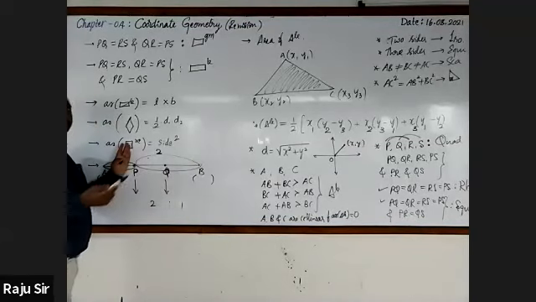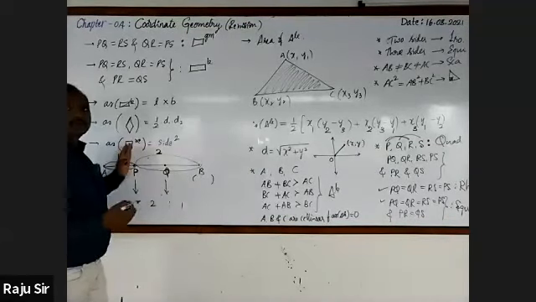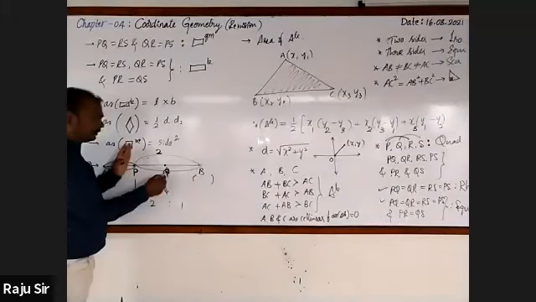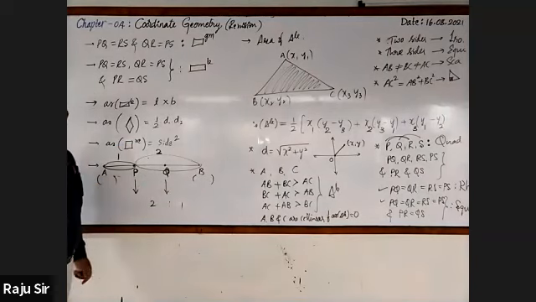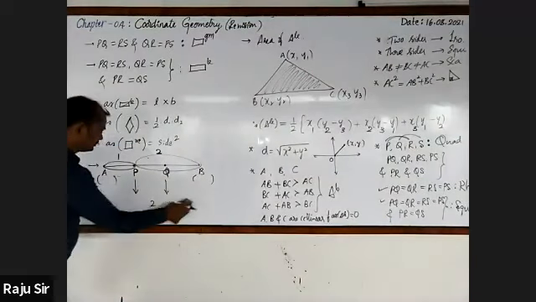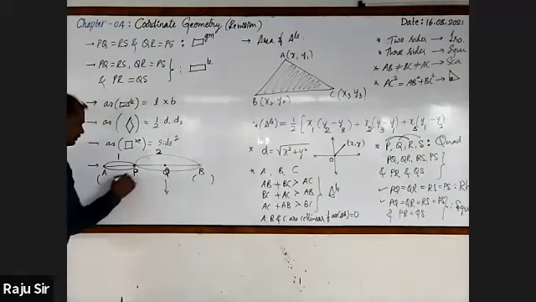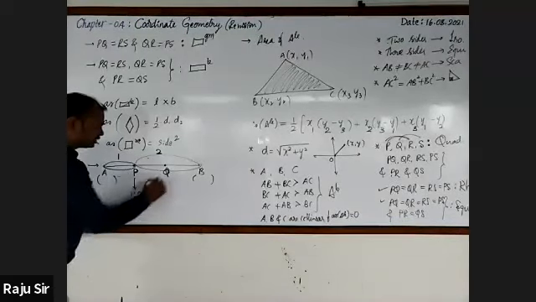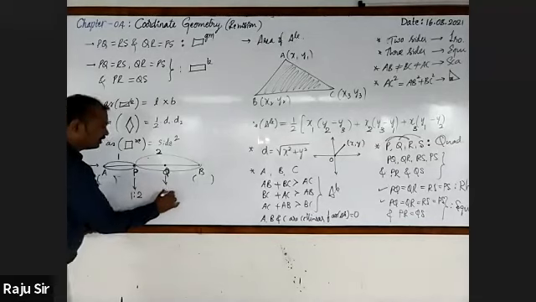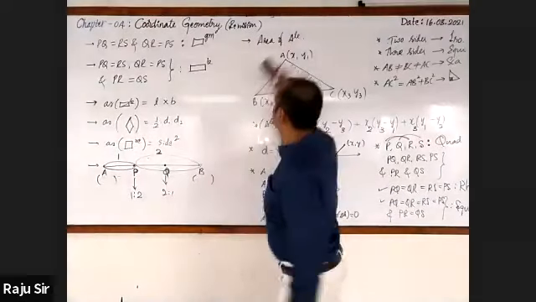It is the midpoint of PB. So using the midpoint formula, we can find out coordinates of Q. Understood? With respect to P, we will take the ratio 1:2. With respect to Q, we will take the ratio 2:1.